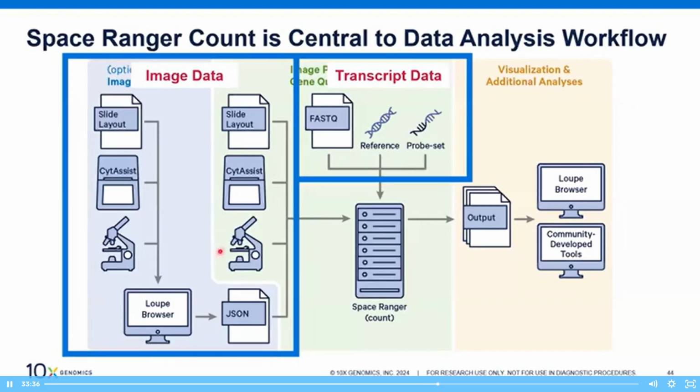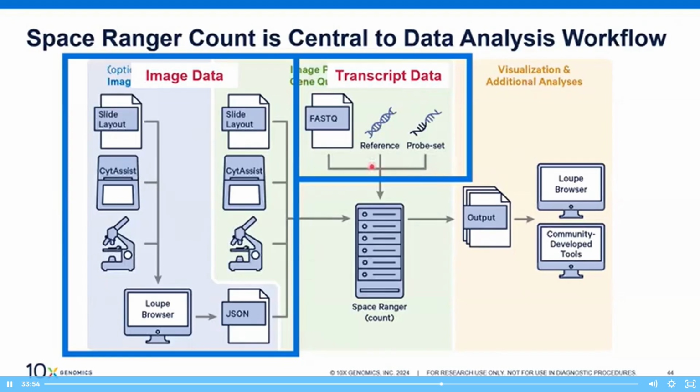The CytAssist image, the high resolution image, and the slide layout, all this information goes into this count pipeline together with the transcript data. The transcript data is the FASTQs that we made, the reference genome, and the probe set information that we are giving it.